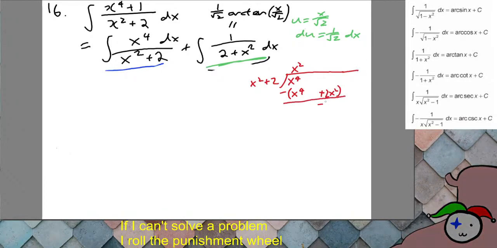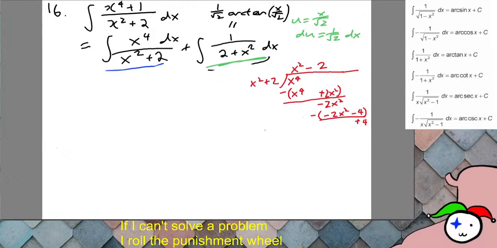So minus 2x squared, so minus 2. That will give you minus 2x squared minus 4, which will give you 4.